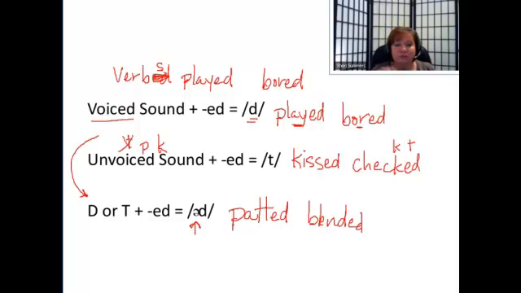Just so you know, the S and the ES work in the same way, but I guess we could make that another lesson someday. So anyway, thank you so much for asking about that. I just want you to be able to become aware of how native English speakers are really speaking.